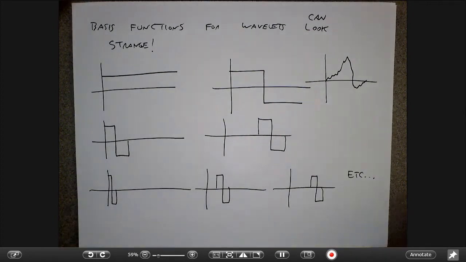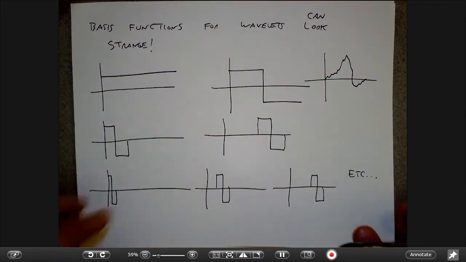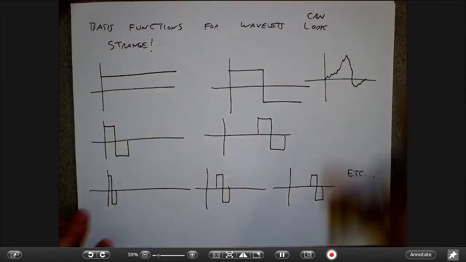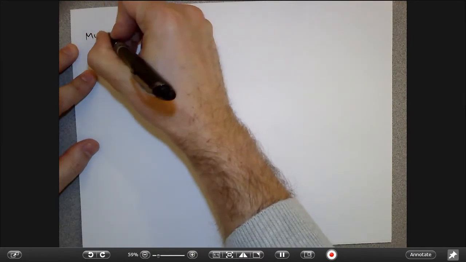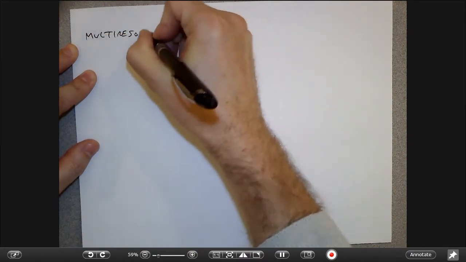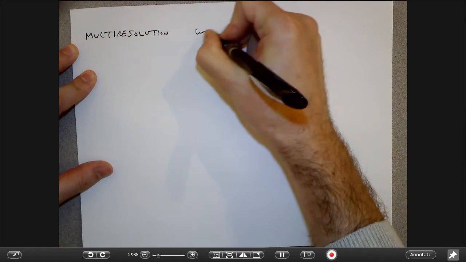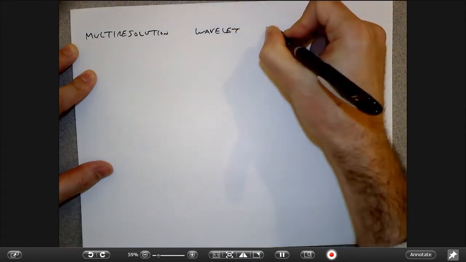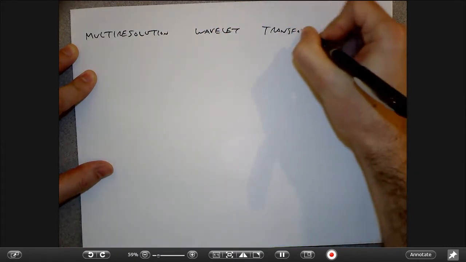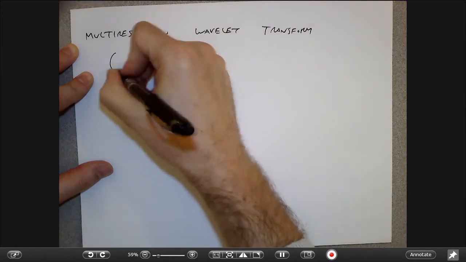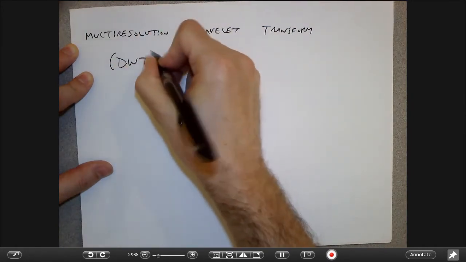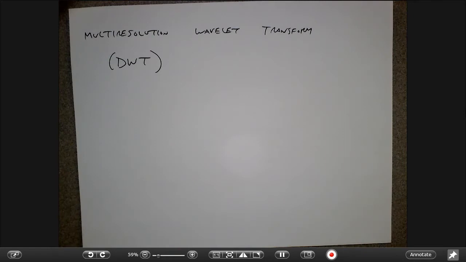And finally, the great thing about wavelets, the reason that this is not just some mathematical toy, is this multi-resolution wavelet transform, right? There turns out to be a DWT, discrete wavelet transform, which is just the same as the DFT, the discrete Fourier transform.